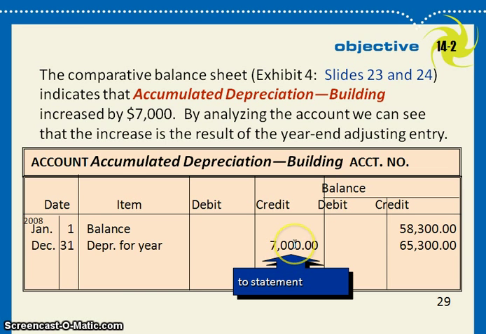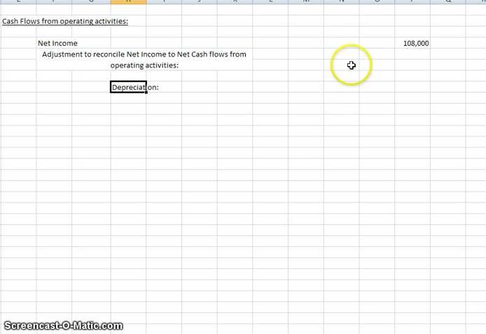That was the depreciation expense for the year. This $7,000 didn't affect cash in any way, and since I'm trying to remove anything that didn't have anything to do with cash, I'm going to add back $7,000.